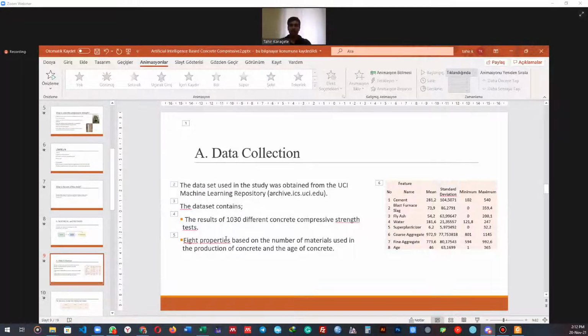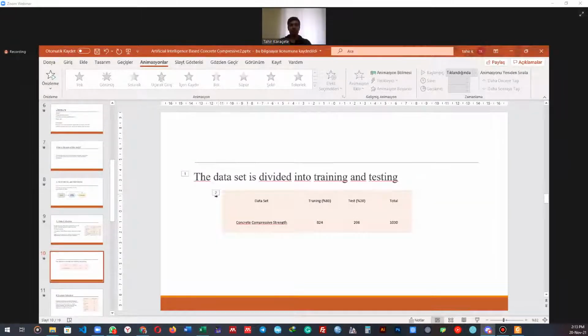I said 8 properties, and these are cement, blast furnace slag, fly ash, water, superplasticizer, coarse aggregate, fine aggregate, and age. Last stage, the data set is divided into training and testing. You can see here 80% of the data set was used to train the model, and 20% to test the created model.